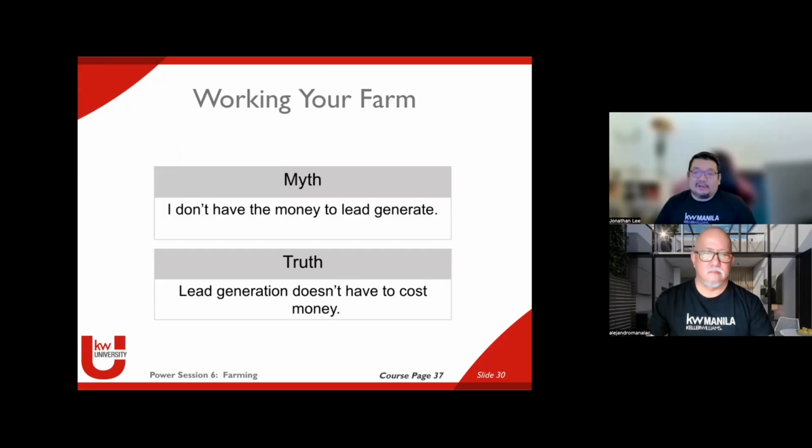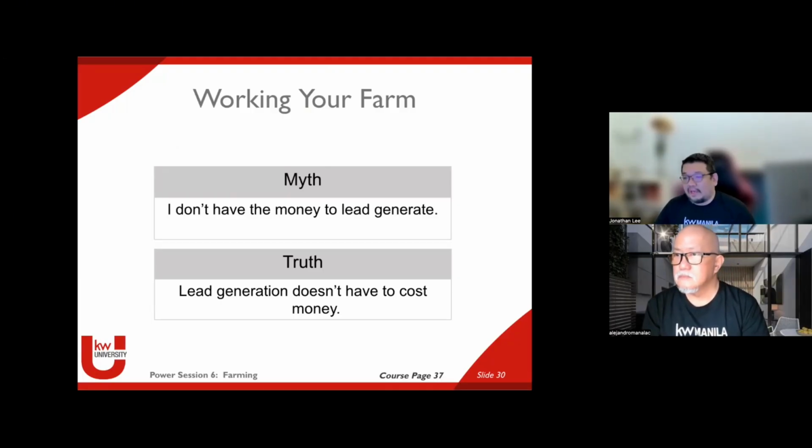Okay, working your farm. This is the myth: I don't have money to lead generate. That's a myth. Lead generation doesn't have to cost money. You can do it in a cost-effective way. For example, making phone calls. For example, knocking on doors.